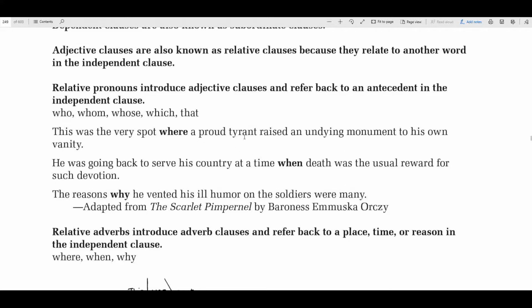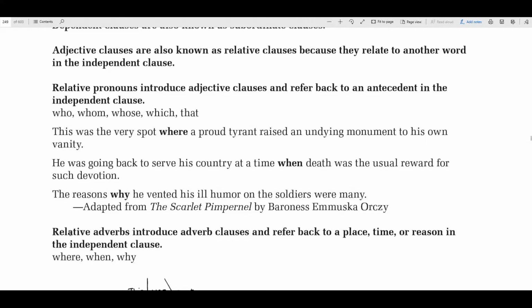So I guess it would be where a proud tyrant raised an undying monument. Okay, so the next one: he was going back to serve his country at a time when death was the usual reward for such devotion. And then: the reasons why he vented his ill humor on the soldiers were many.